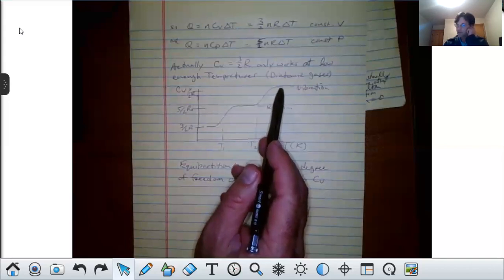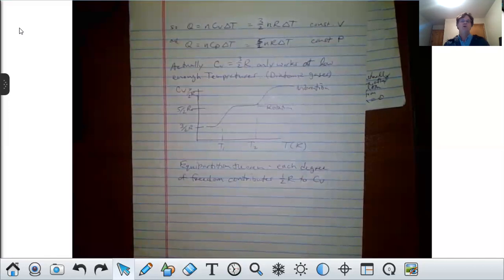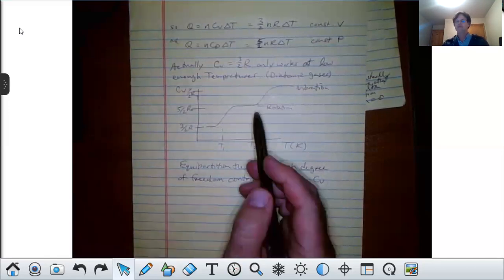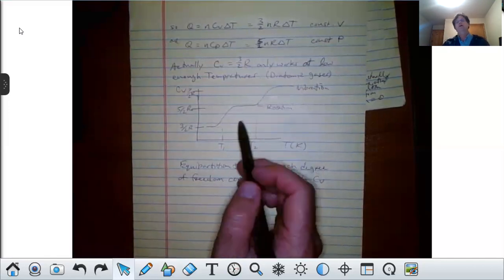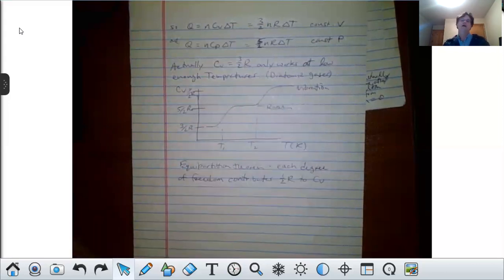This was really a big puzzle around 1900 or so, because why? First of all, why is it bigger than what you'd expect? And also, why does it have these jumps? And the answer, surprisingly enough, turns out to be quantum mechanics.